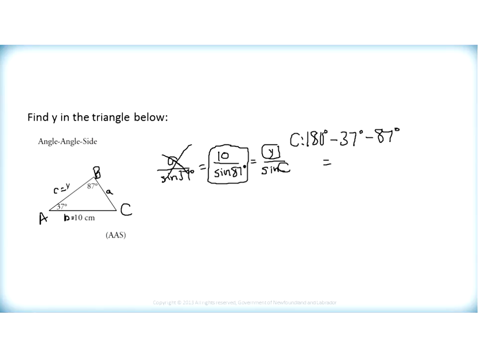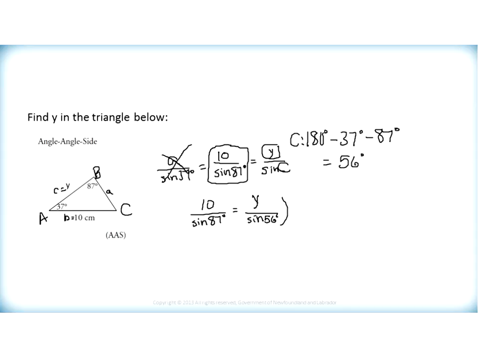And that works out to, as I thought, 56 degrees. Okay, so we're going to fill that in here now. We have 10 over sine 87 degrees is equal to y over sine 56 degrees.